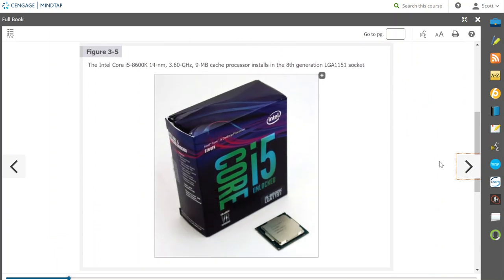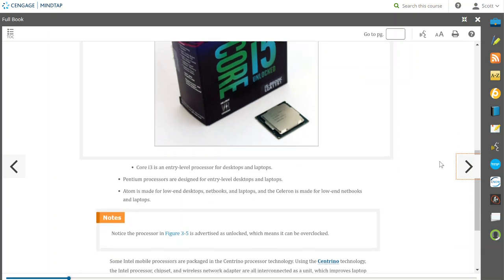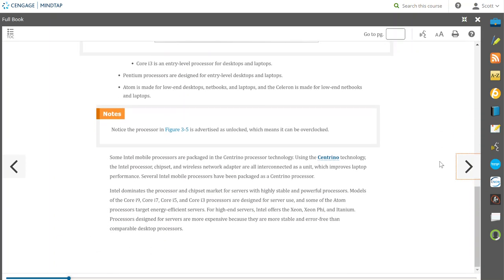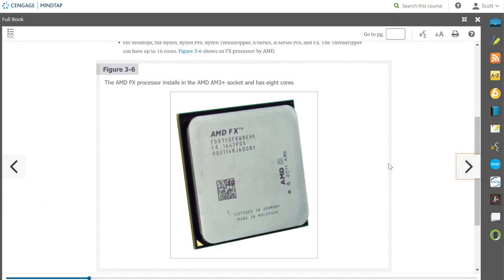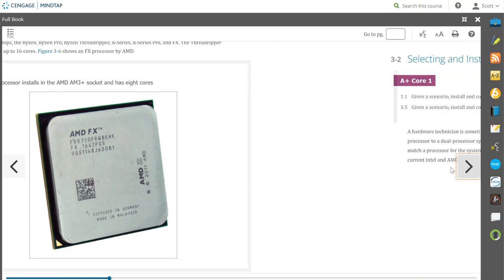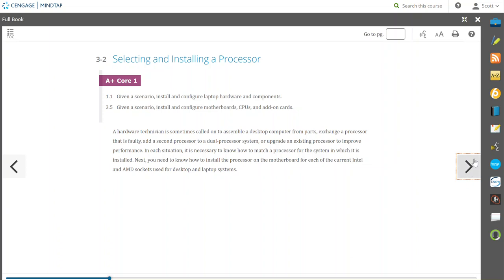So the processors themselves, I talked about it before in the last module, how the different ways they'll mount into the socket. Here's an example of an AMD. Okay. So the things you need to know when it comes to selecting and installing a processor: what socket do you have?